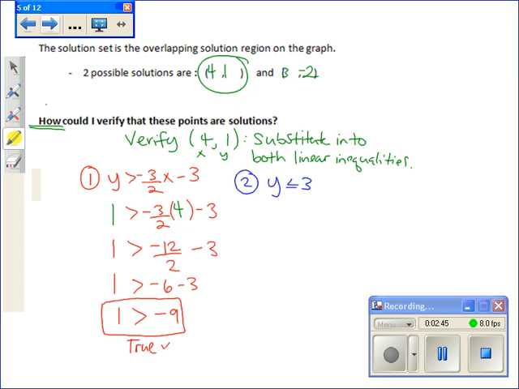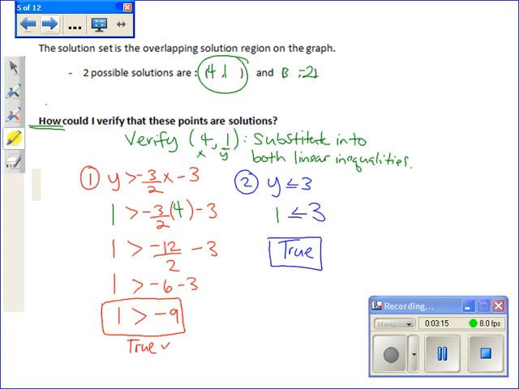Okay, it's valid. Let's come over to the other linear inequality and do the same thing. I'm going to substitute in the y value for my point, which was 1, in for that y. Okay, so you leave the formula for your linear equation all the same. You're just going to put in the values of your point and substitute them in. So I've got 1 is less than or equal to 3. Well, 1's not equal to 3, but it's true to say that 1 is less than 3, and so that's true.